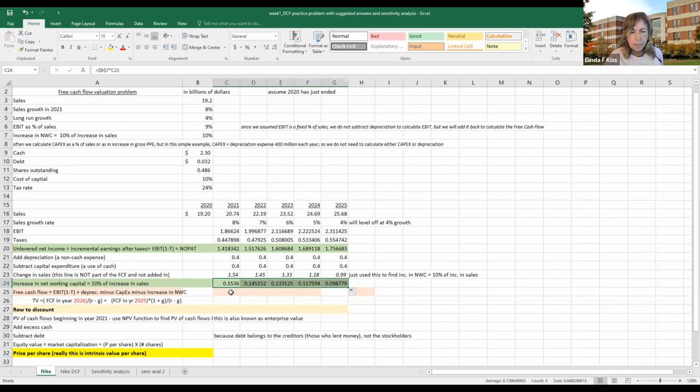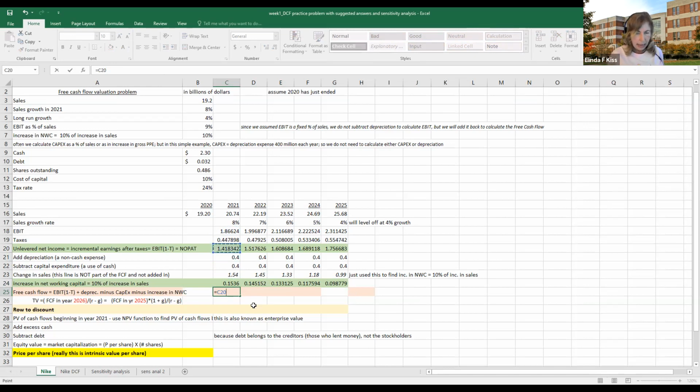Now, how do I get my free cash flow? My free cash flow equals the EBIT minus the taxes, or EBIT times 1 minus the tax rate. And that is my unlevered net income. So I can start with that, row 20.